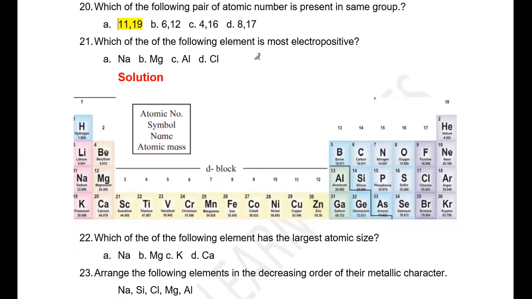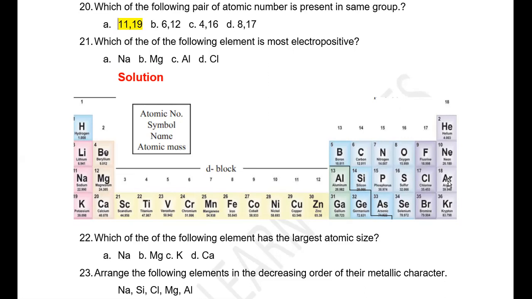Next is, which of the following elements is more electropositive? Sodium, magnesium, aluminium, chlorine. Electropositivity, we know metals are electropositive because they lose electrons easily. As we move from left to right in a period, the tendency of an atom to lose electrons decreases.